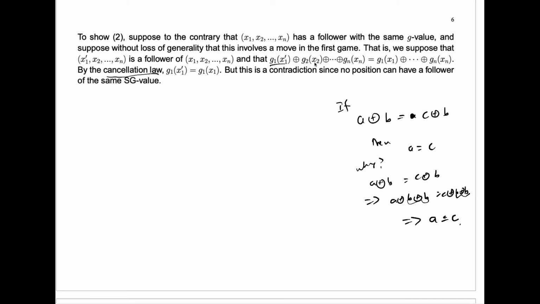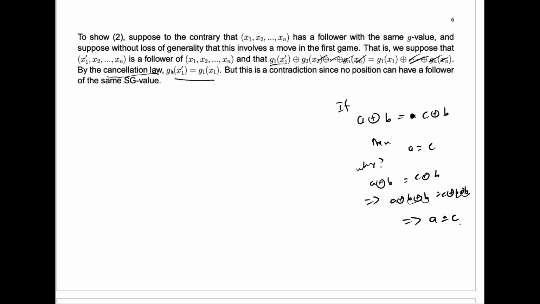Here we cancel everything here, and then we get g1 of x1 prime must be the same as g1 of x1, but that's a contradiction, since in game 1 you can't have a follower of position 1 with the same Sprague-Grundy function. By definition, g1 of x1 is the minimum excluded value among all followers of x1.